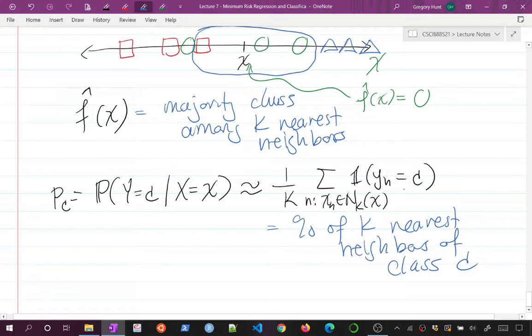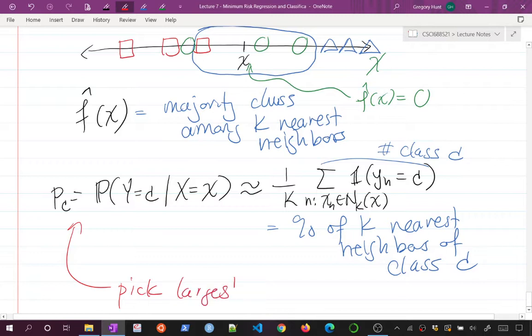It's a little kludgy, but it's basically: sum up how many, this is the number of class c. I look at all my y's. Is this in class c? Is this in class c? I take the total number in class c of my k nearest neighbors, and I divide by k. That gives me the percentage of my k nearest neighbors in class c. I call that p_c. That is my class probability. It's an approximation of the class probability, and I pick the largest.